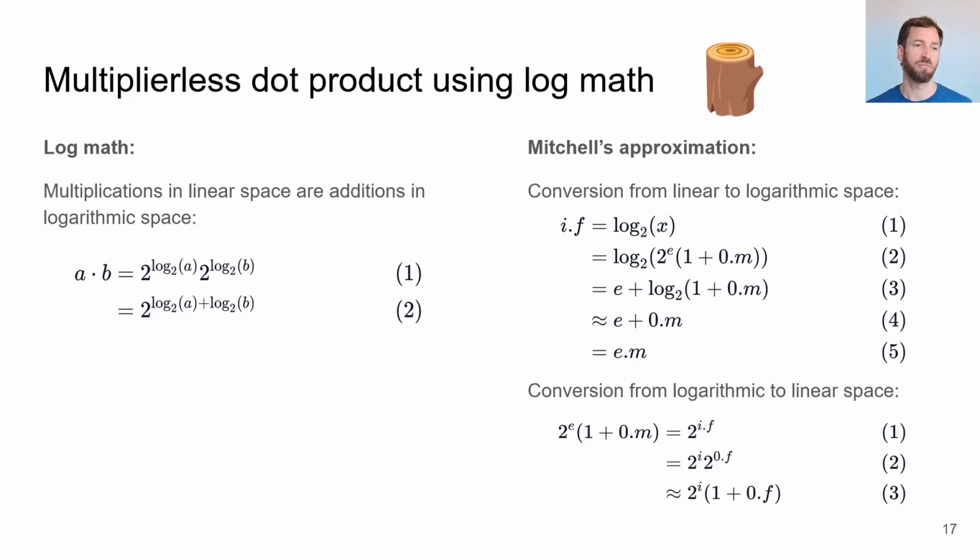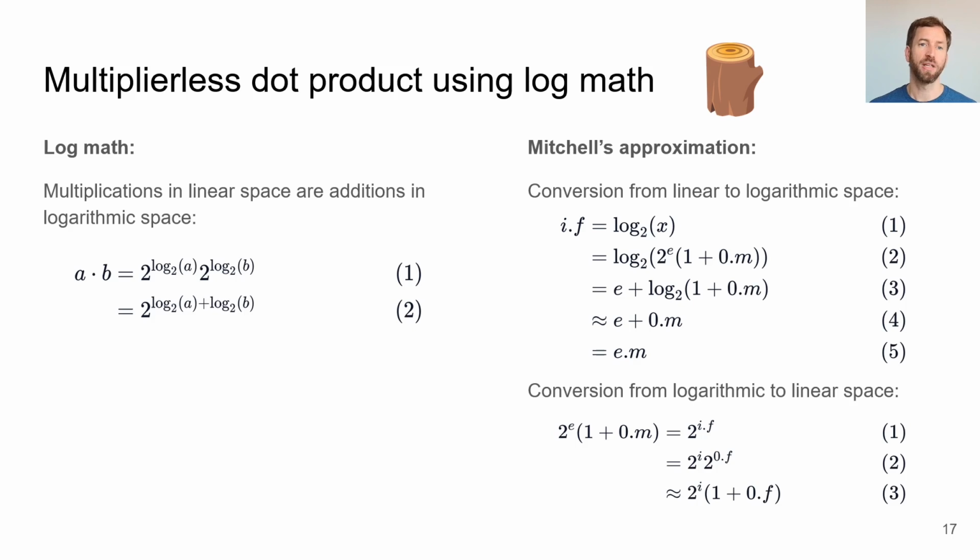These functions are rather expensive to implement on hardware, and this is why we are using an approximation for these conversions between linear and logarithmic space. These approximations are called Mitchell approximation.